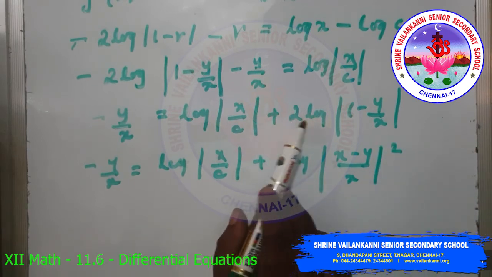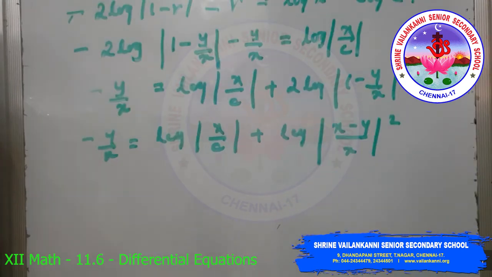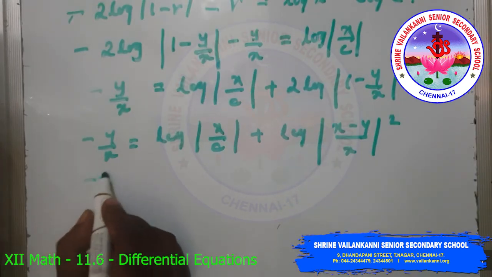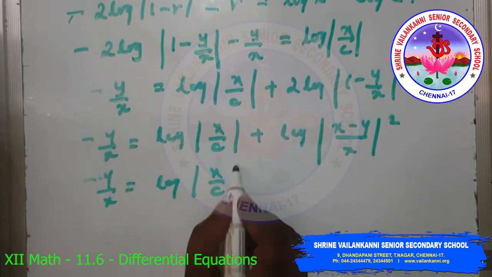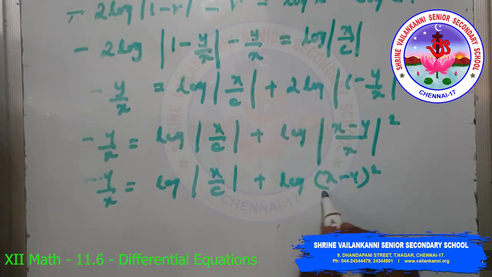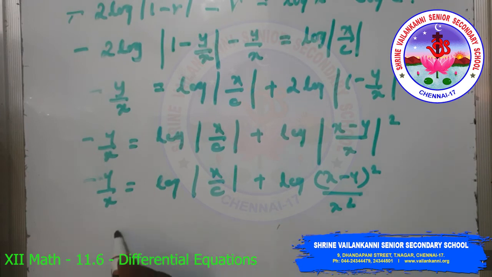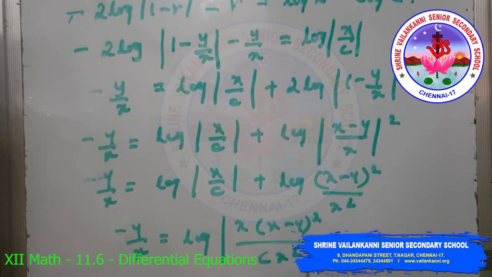So m log x is equal to log x to the power m. So −y/x is equal to log(x/c) plus log((x − y)²/x²). So −y/x is equal to log, using log x + log y equals log(xy), log of x(x − y)² over c x².